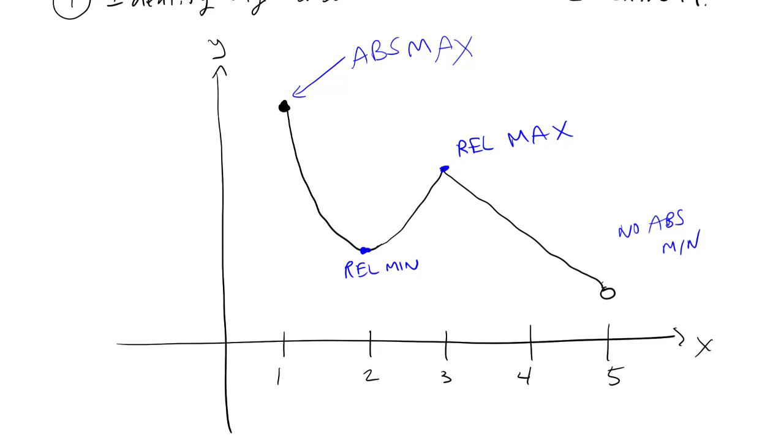All right, and notice that the relative min occurs at a place where the derivative is 0, and the relative max occurs at a place where the derivative is undefined. And that's a good example of why we look to those places when we're doing an analysis of a function to look for relative extrema.